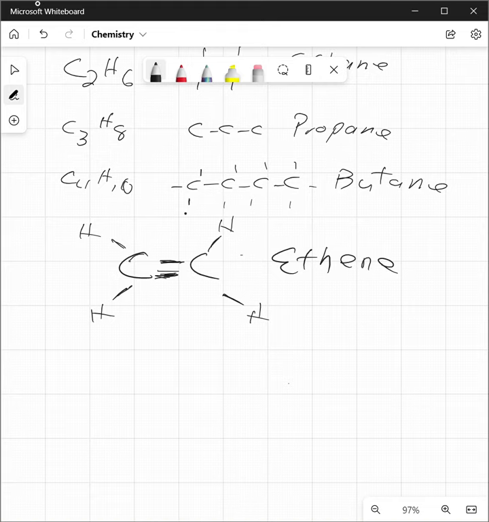So now we did the alkanes, now we're into the alkenes. Naming convention stays the same, with ene. Up above, it was ethane. Now we have ethene.